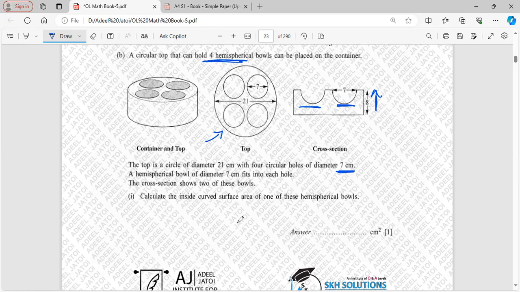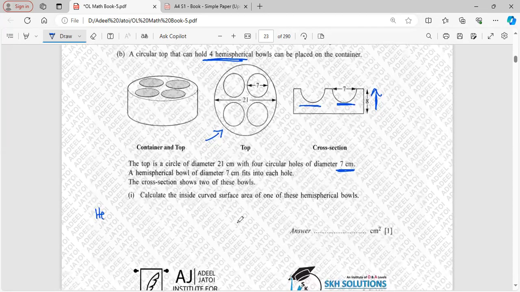Now calculate the inside curved surface area of one of these hemispherical balls. This is a hemisphere, which is half a sphere, and we are talking about surface area.